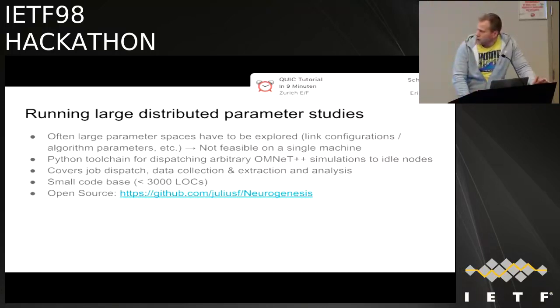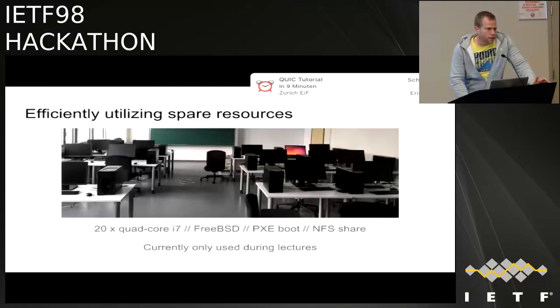We built a Python toolchain that covers job dispatch, with a small code base of about 3,000 lines of code. We are using it in our test bed in our laboratory at the University of Applied Sciences in Münster, Germany.